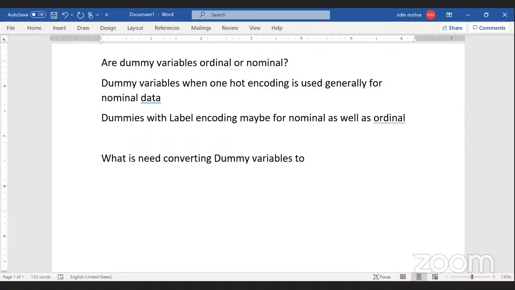What is the need for converting dummy variables to numeric when dealing with SVM algorithm?